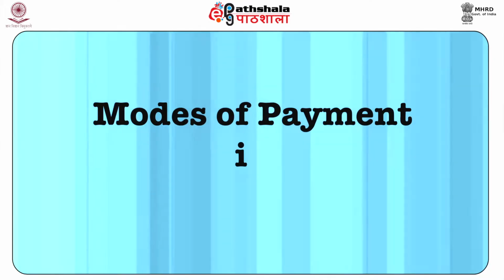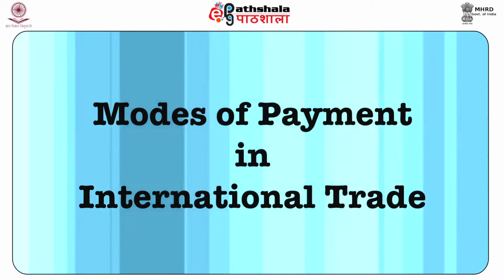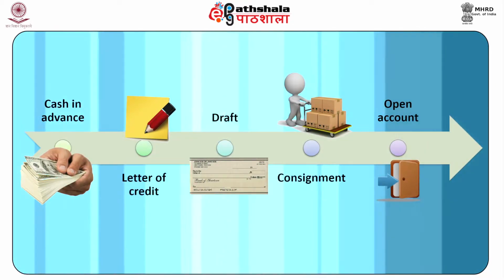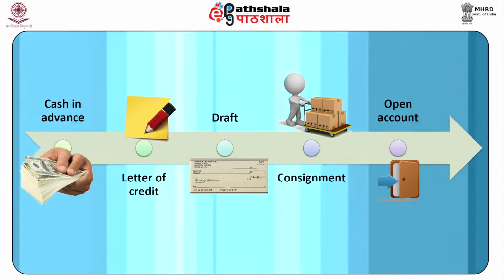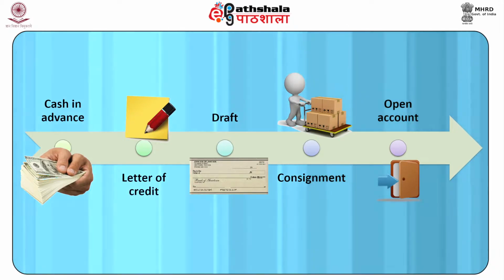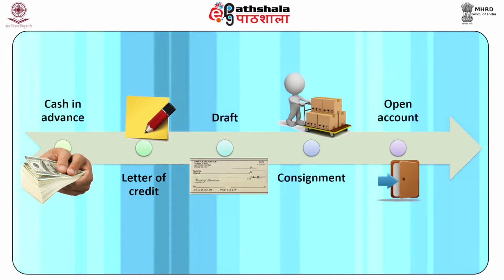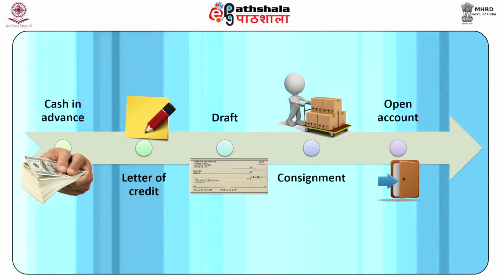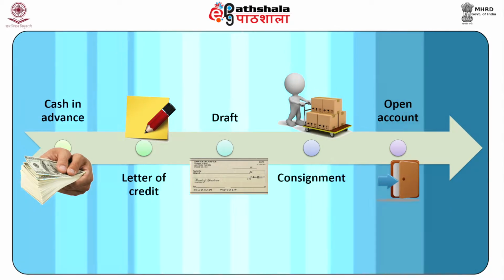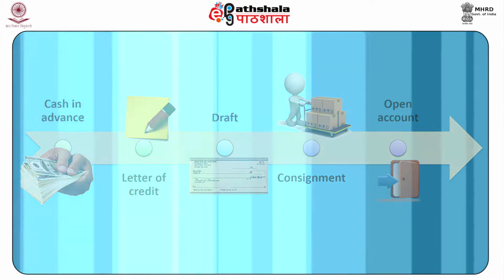During or before the negotiation, the exporter and the importer both should mutually decide on the modes of payment. Modes of payment in international trade. Ranked in terms of increasing risk to the exporter, the 5 principal means of payment in international trade are cash in advance, letter of credit, draft, consignment, and open account. We will discuss each of them in detail now.